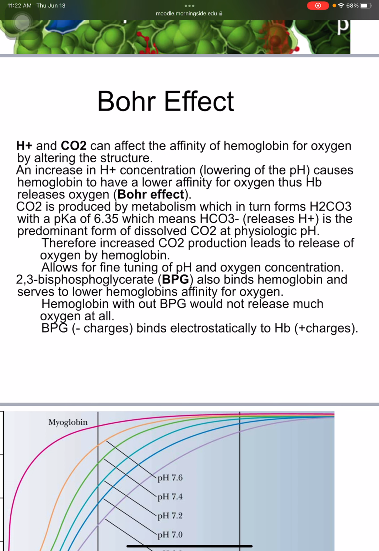But basically the purpose of this is to artificially lower hemoglobin's affinity for oxygen. Without it, hemoglobin would just greedily hold on to that oxygen and stubbornly not let it go. That would be bad because then it wouldn't release it to the muscle tissues at all. So BPG is an essential part of hemoglobin, and without it, we would not be able to get the oxygen we need in our muscle tissue.